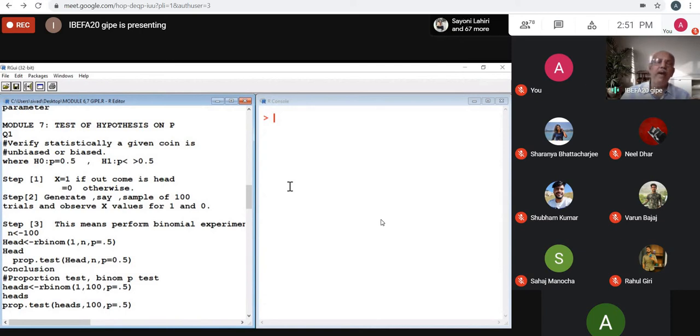What do you mean by unbiased? There is equal probability of the event happening or not happening. Correct. So that is statistically we say 50-50. Is it so? Verify.